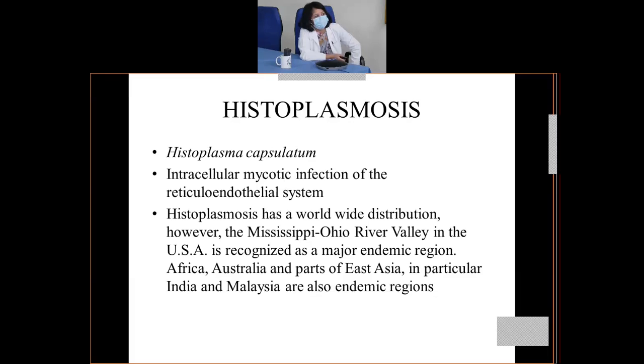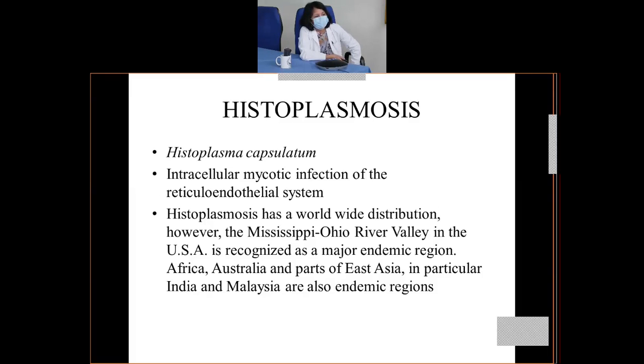So coming to the last one, that is histoplasmosis. This is very, very important. It is caused by the species Histoplasma capsulatum. It causes intracellular mycotic infection of the reticuloendothelial system. So what you have to remember here is that it causes infection of the reticuloendothelial system.